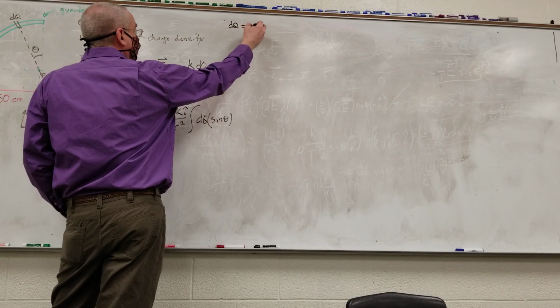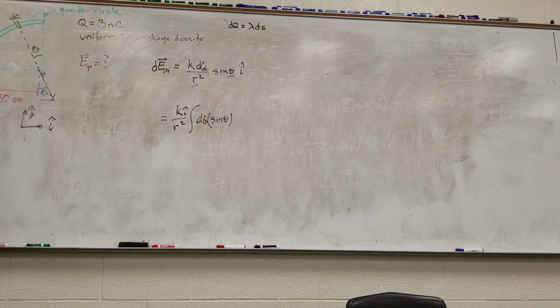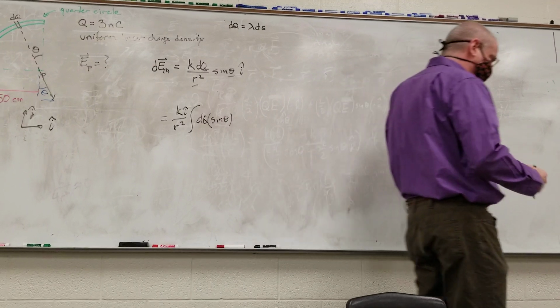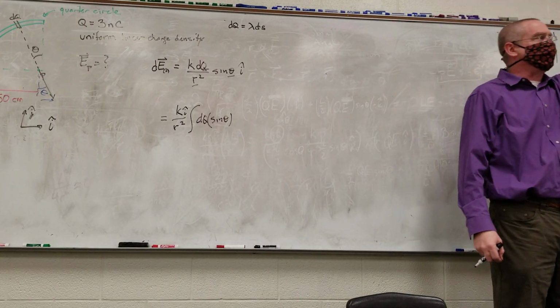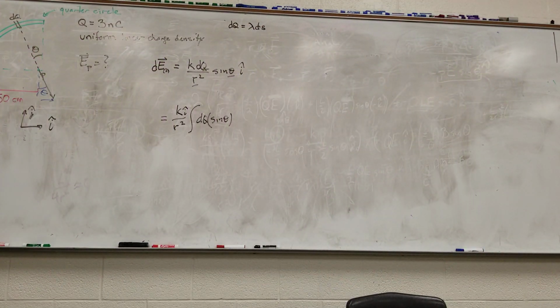is going to be equal to lambda ds, and use the letter S here. I'm not using L because traditionally L is a length in some particular direction, and because this is part of a circle, it's an arc length, and S for arc length.